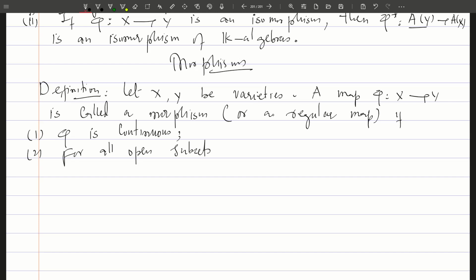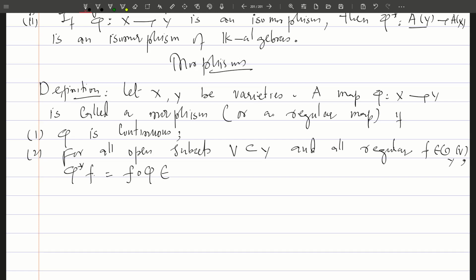V of Y and all regular functions f which are regular on V, the pullback of f, which is same as f composite phi, is a regular function on phi inverse V. Now, why do we write phi inverse V here?